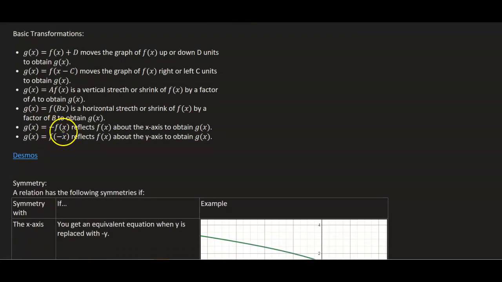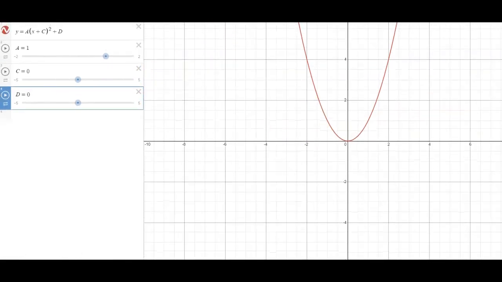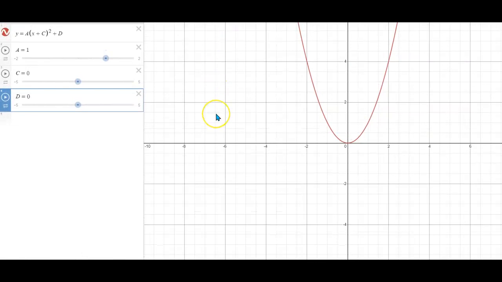And then we have reflections. So we're going to take a moment and move over to Desmos. What I have here is the function f of x equals x squared. Let me actually move this pane up a little bit. I don't know how jumpy that was for you.